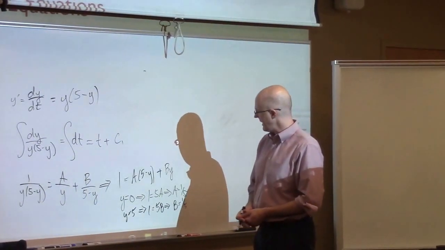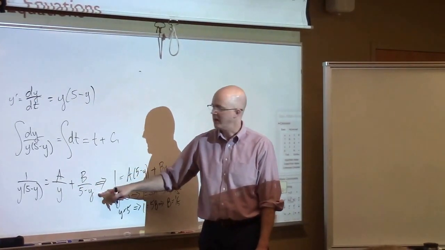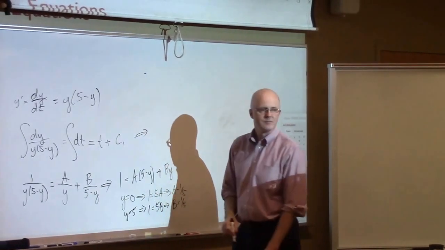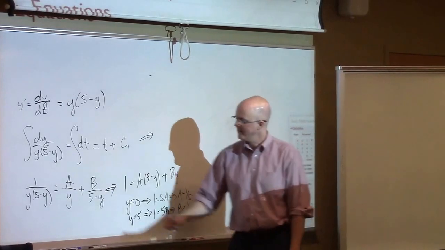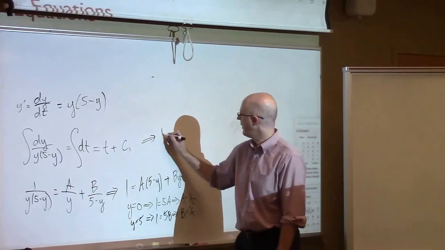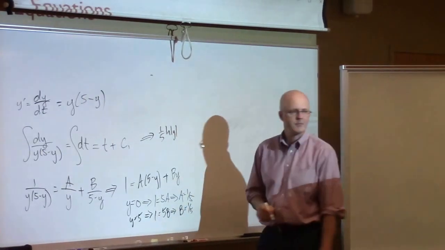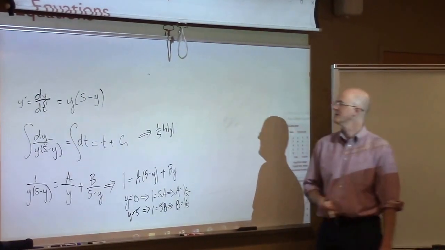And so we would integrate then 1/5 over y plus 1/5 over 5 minus y. Can I do that right away without writing an integral sign? Integrate 1/5 over y, you get 1/5 natural log of the absolute value of y. You should keep the absolute values in here because theoretically y could be negative.